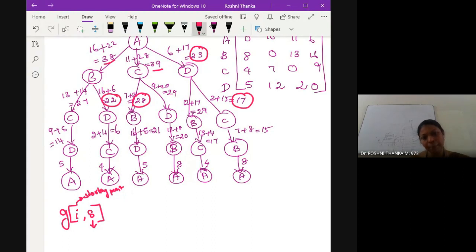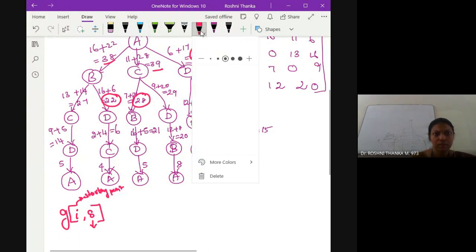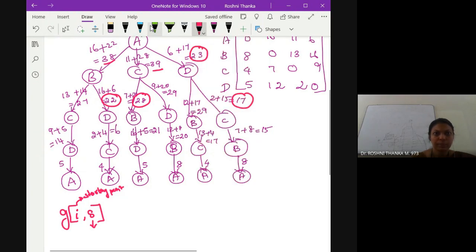For example, if my starting point is A, what will be the set? The rest of all the other cities, that is B, C, and D. This is what the set is.